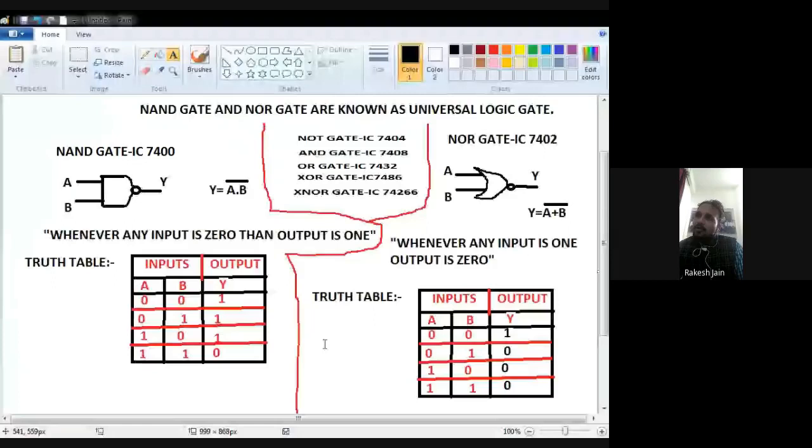In that lab we will perform the NAND gate and NOR gate logic gates practical. We will build the circuits, connect the lights and the switches, and we will see that for the NOR gate, whenever any input is 1, the output will be 0. It means whenever input lights are on, the output light is always off. You will see. So this is all about the NOR gate.